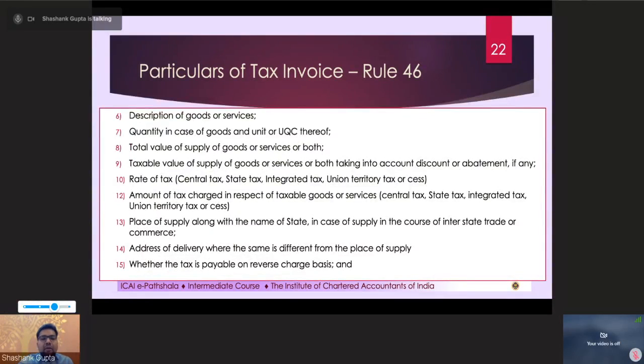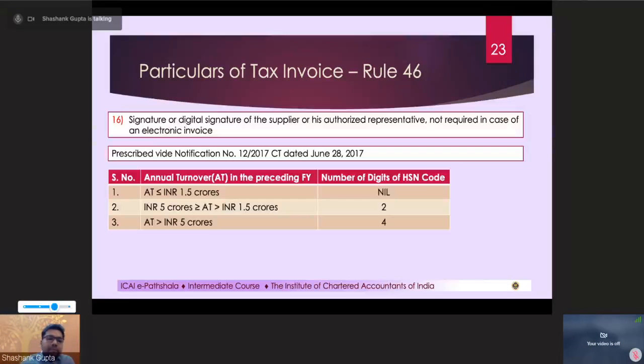Next is description of goods or services, quantity in case of goods, total value of supply of goods or services or both, taxable value of supply of goods or services or both, rate of tax, amount of tax, place of supply, address of delivery, and whether the tax is payable on reverse charge, and signature or digital signature of the supplier or his authorized representative.